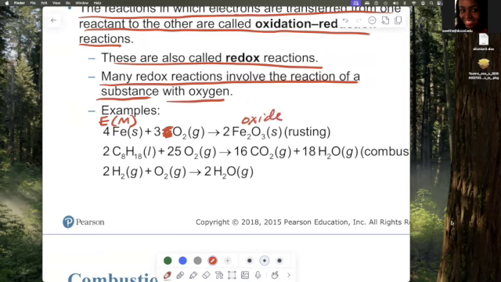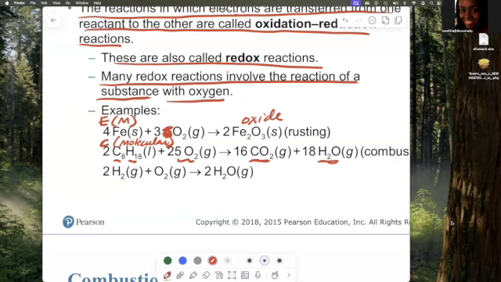Then you also have an example here of a compound, and this is a molecular compound. The compound is also reacting with oxygen to form two oxides, carbon dioxide and water. You have an oxide of carbon and an oxide of hydrogen, which is essentially carbon dioxide and water. And then we have another type of element.